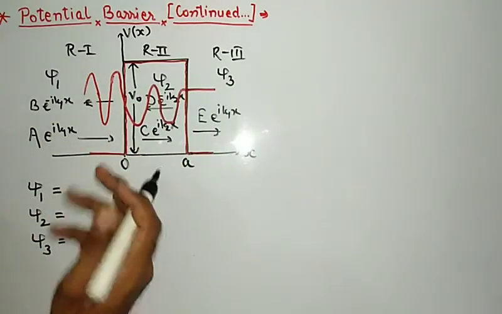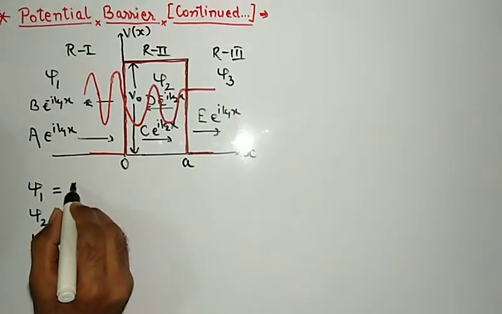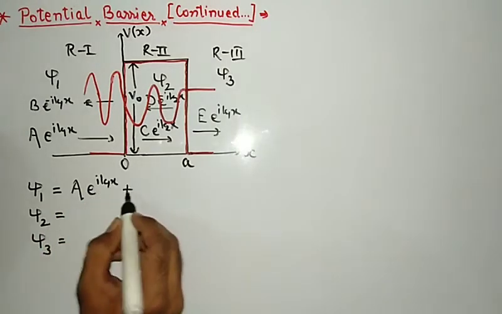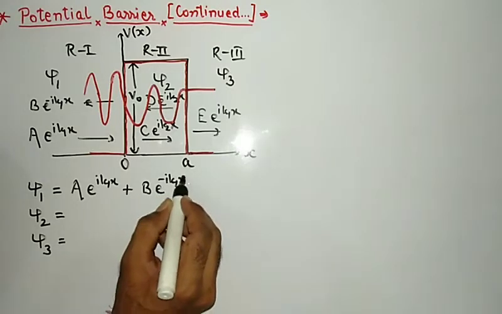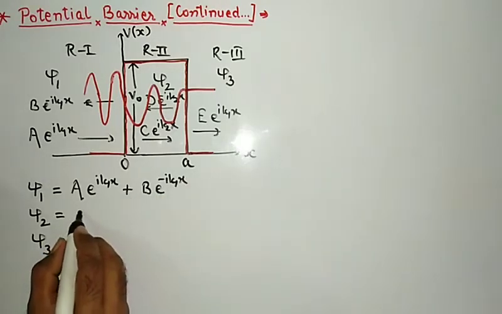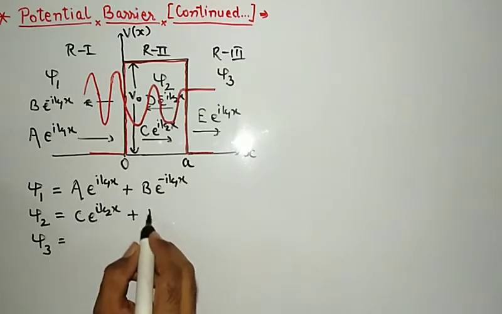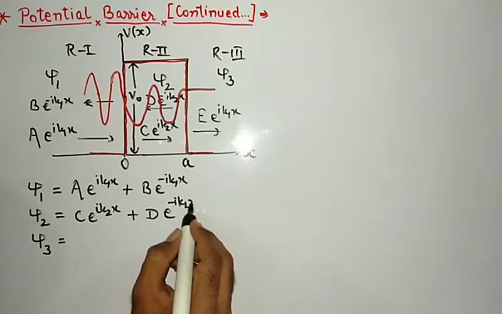Now come to our main concern. For psi 1: A e to the power ik1x plus B e to the power minus ik1x. For psi 2: C e to the power ik2x plus D e to the power minus ik2x.